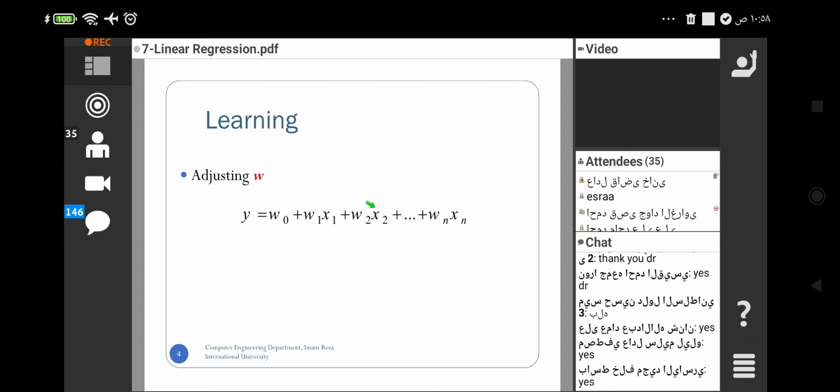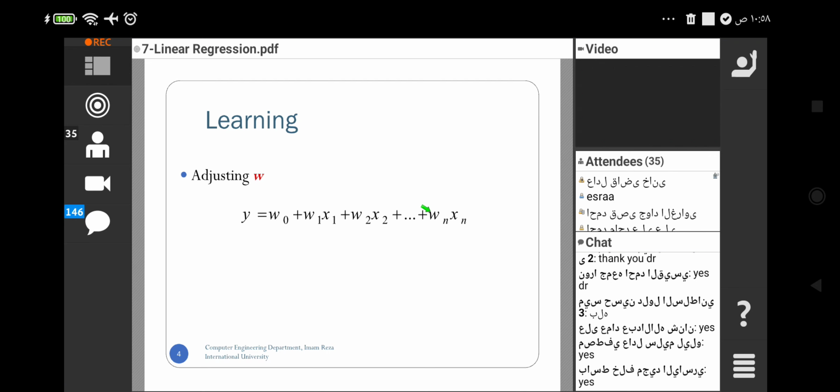If you remember, in the classification, we said that we have a learning model, and in the training, we want to set the unknown values of the learning model.